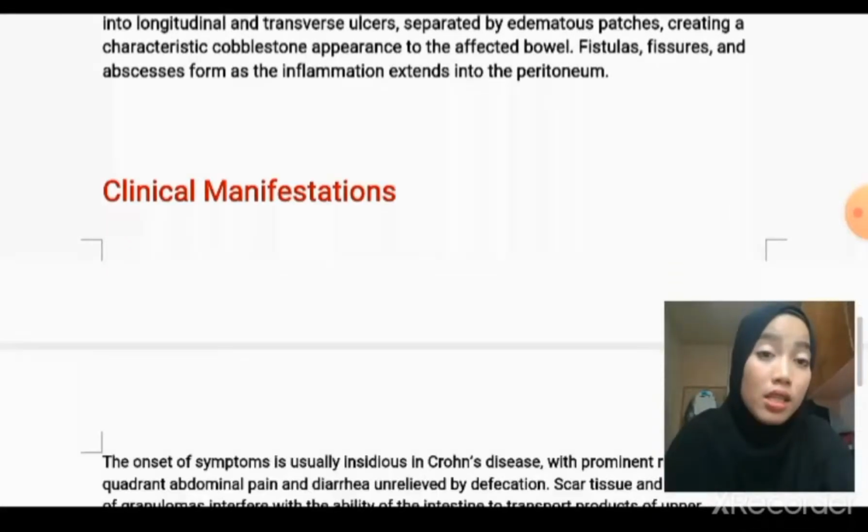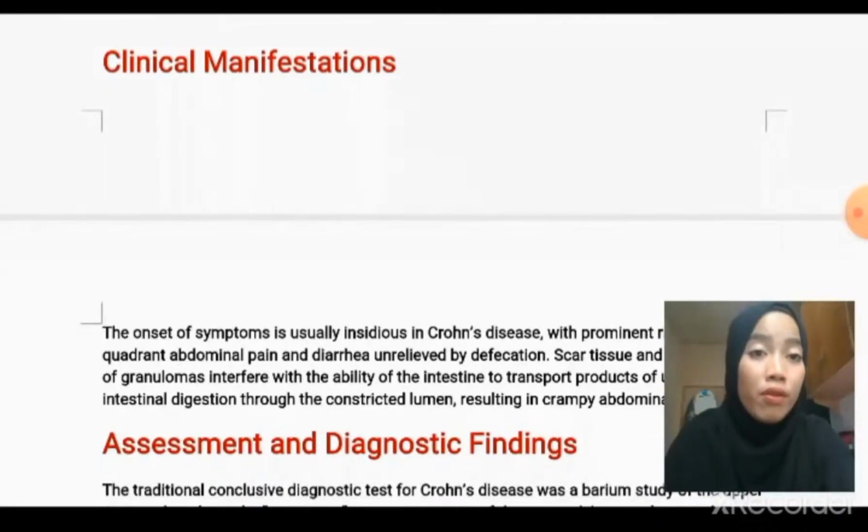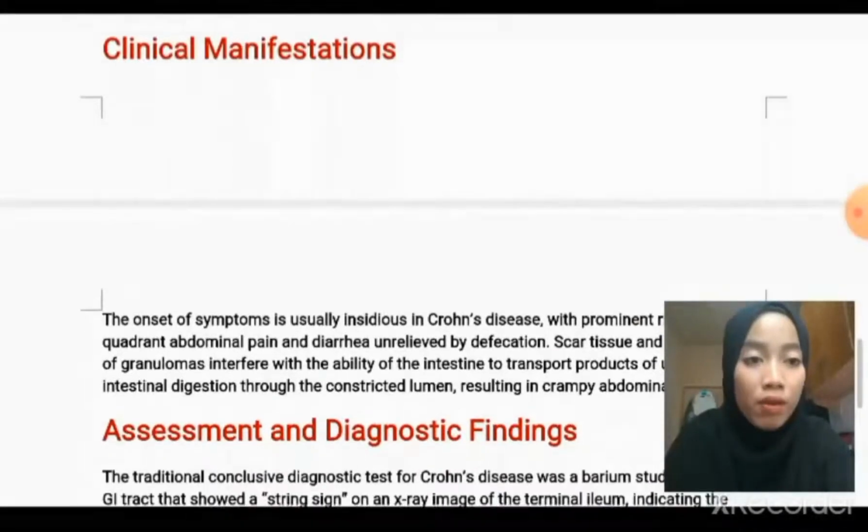Next we're going to clinical manifestations.